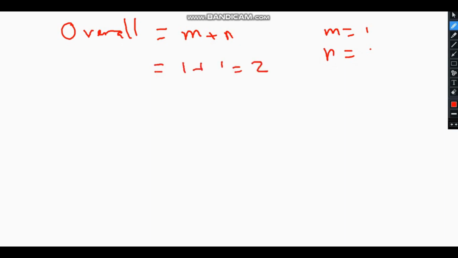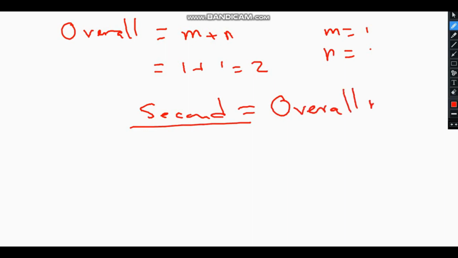This simply tells us that the overall reaction order is second order. So that's the overall reaction order.